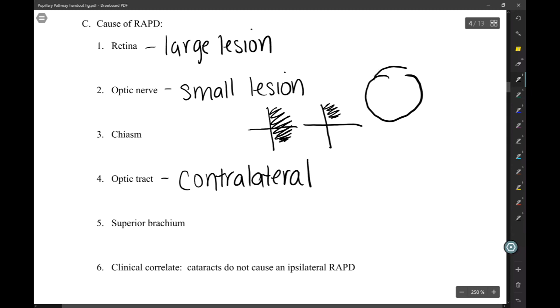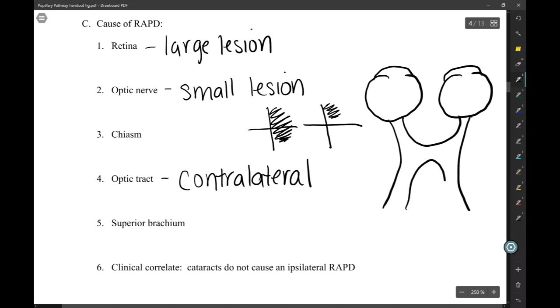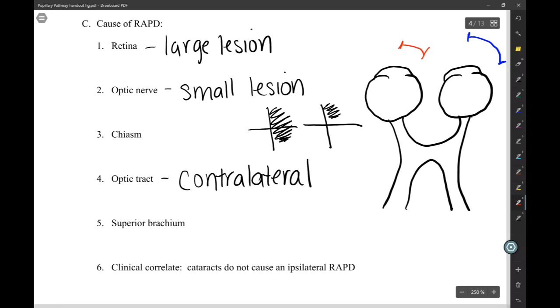So if we draw out our visual pathway, the temporal visual field is going to be larger than the nasal visual fields, in part because our nose is blocking part of the nasal visual field.